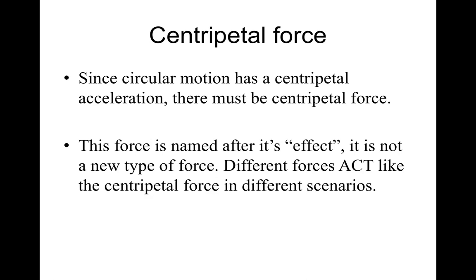Now, how about when the moon is orbiting around the Earth? It's a circular motion, roughly. And what kind of force is providing the centripetal force for the moon? It's the gravitational force, very good. It's a gravitational attraction between the moon and the Earth.